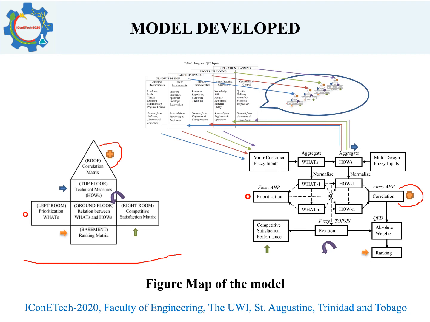To complete the 4 QFDs, these are the steps. The product design QFD, we start with customer requirements. And this is then followed through the model, giving us the design requirements.